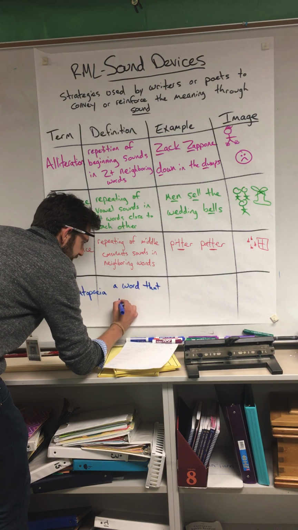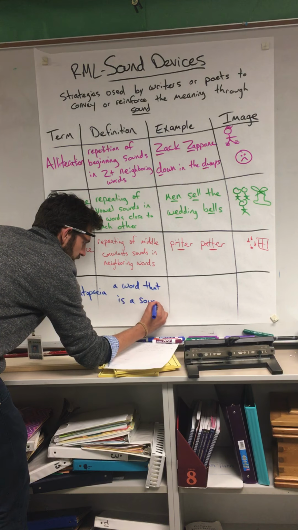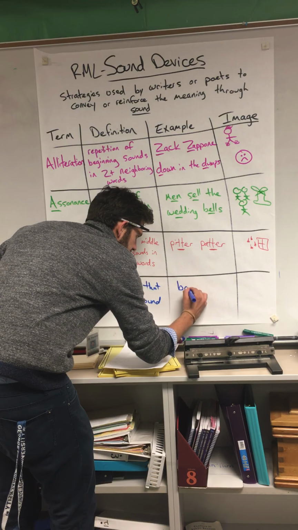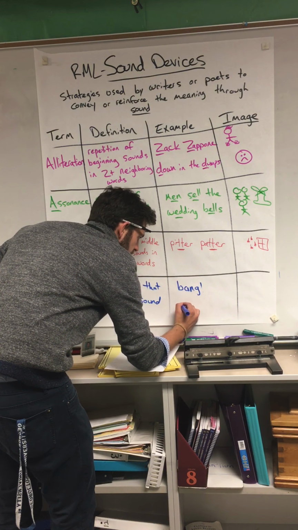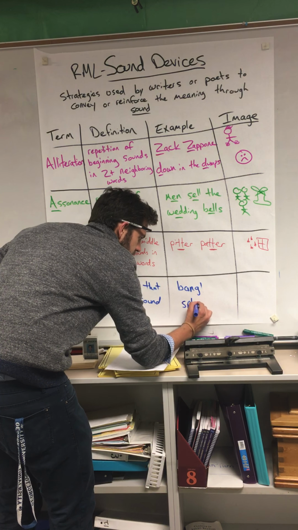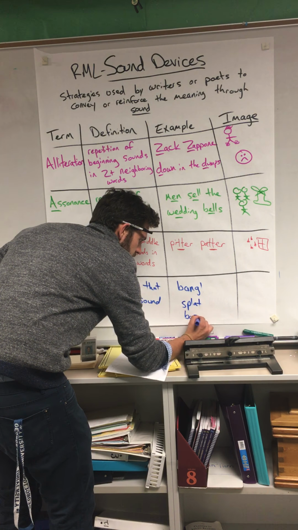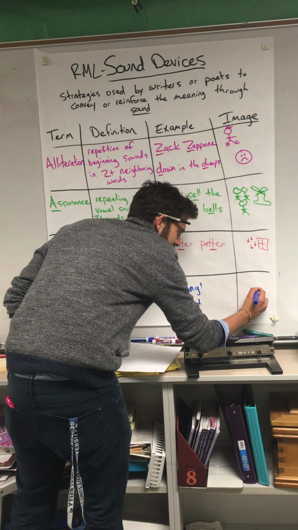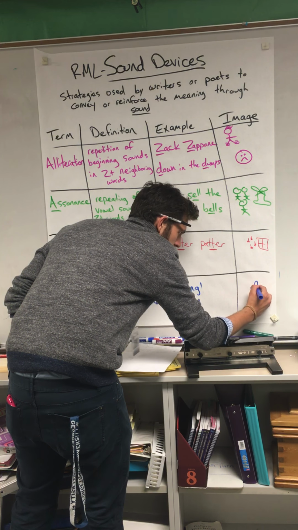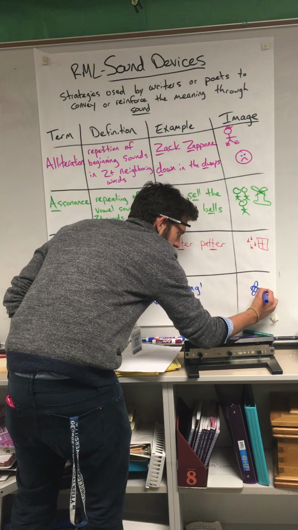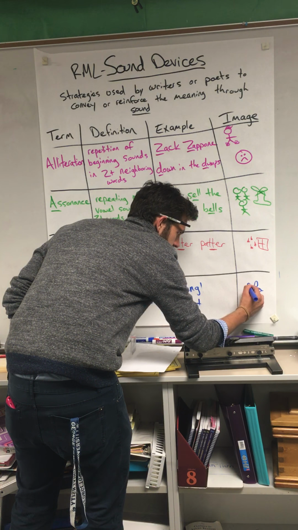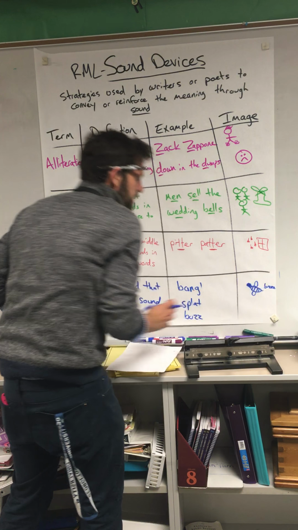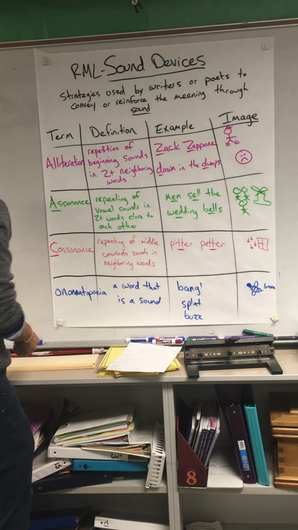So an example of onomatopoeia would be bang, splat, buzz. These are all sound words. So I'm going to draw a picture of a bumblebee. And that's my bee, and it's going buzz. Okay? Onomatopoeia, picture of sound words.